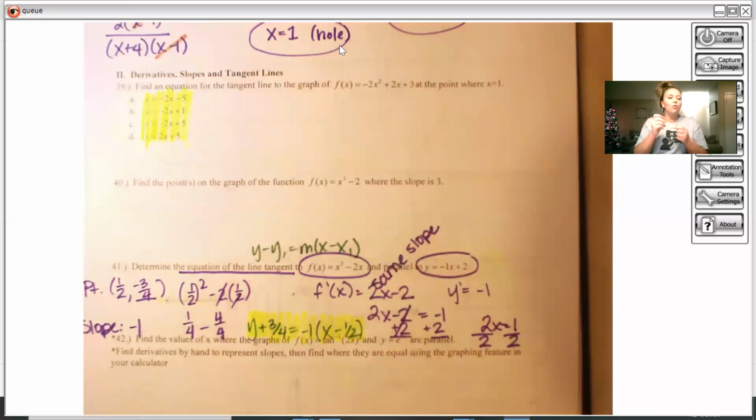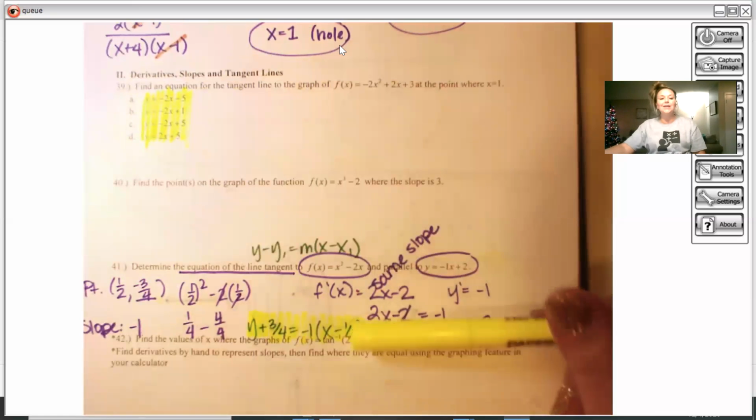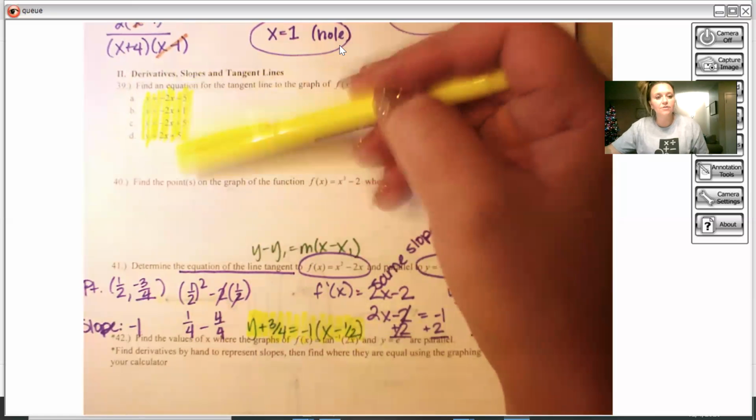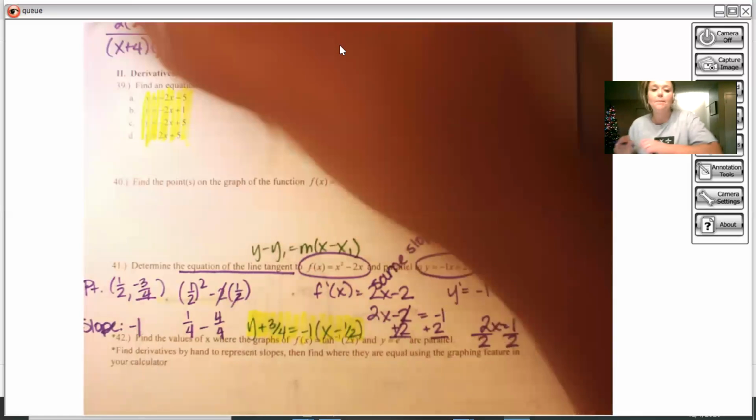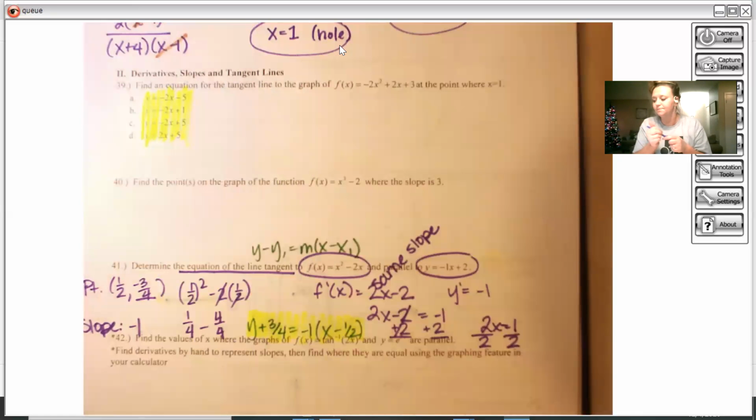The only difference is you're always going to start here, but then you would just have to distribute it and solve it the rest of the way to make it match one of those. So when you get to 39, you're going to do all the same steps, put it in point slope, but then solve it for slope intercept form. But you'll still start in the same spot. All right, let's do number 42.